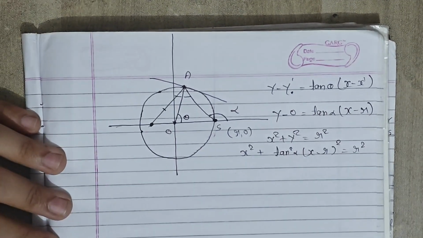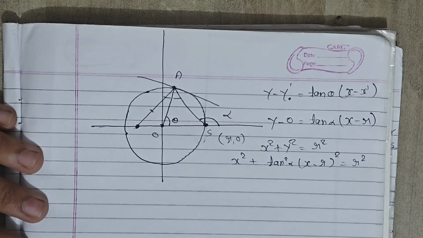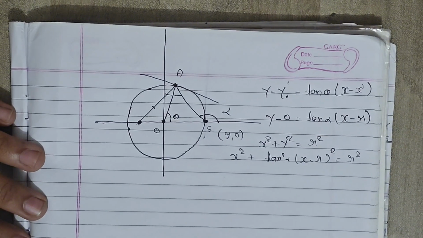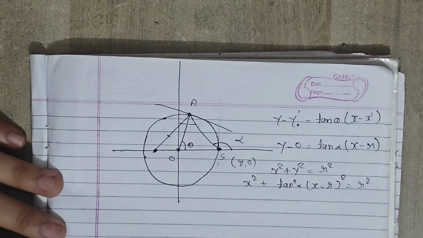See, this is a quadratic equation, and from a quadratic equation we get two values, two roots actually.